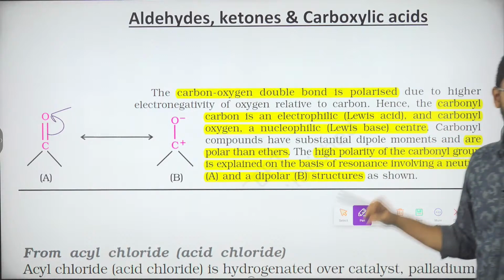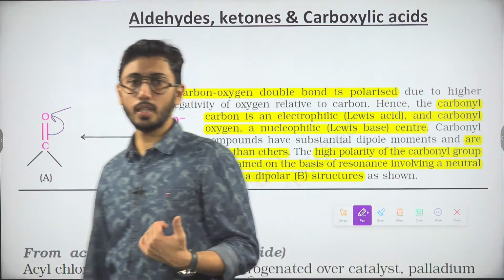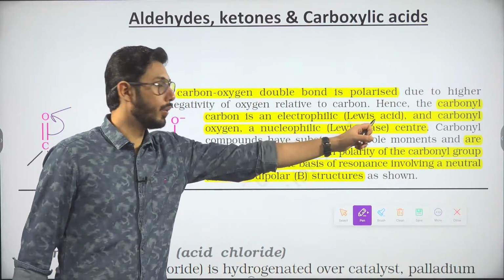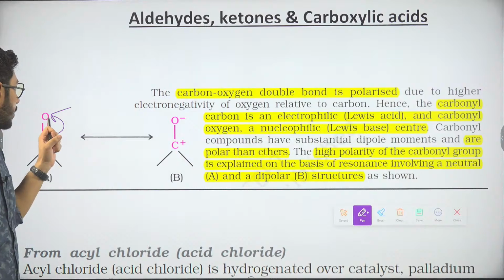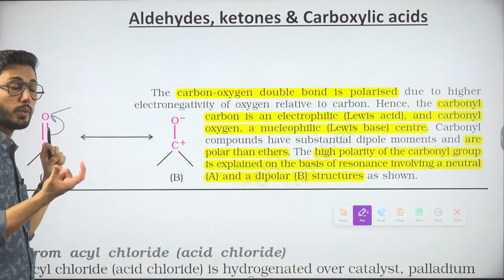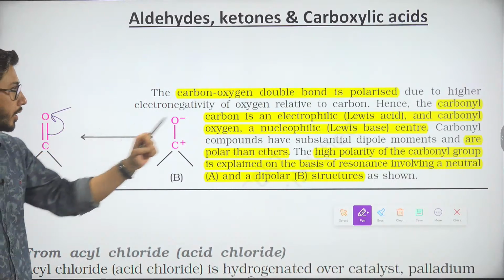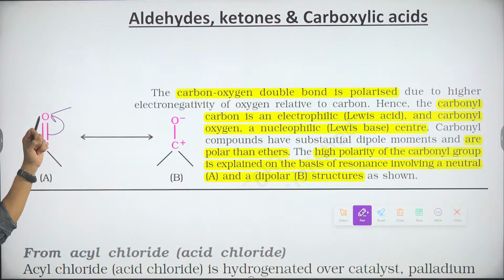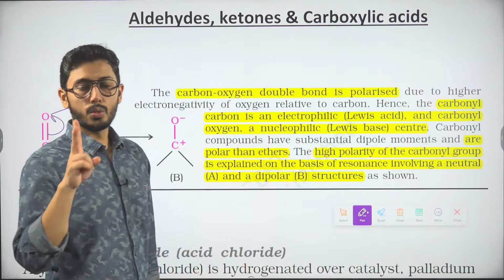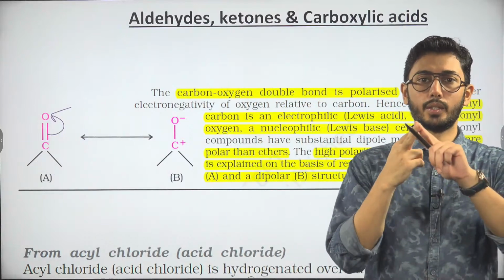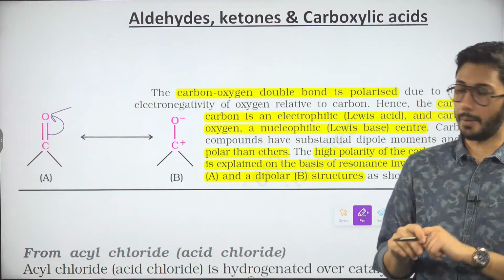The carbonyl carbon is an electron deficient center, which is electrophilic, acting as a Lewis acid, and the carbonyl oxygen is an electron rich center, which is acting as a nucleophile. So within the molecule, two centers are present, electrophilic as well as nucleophilic.